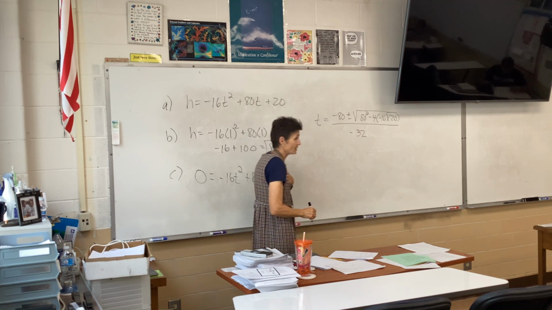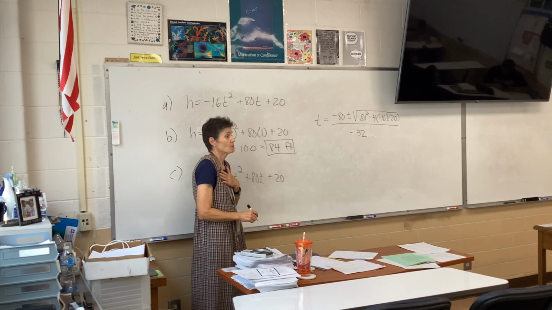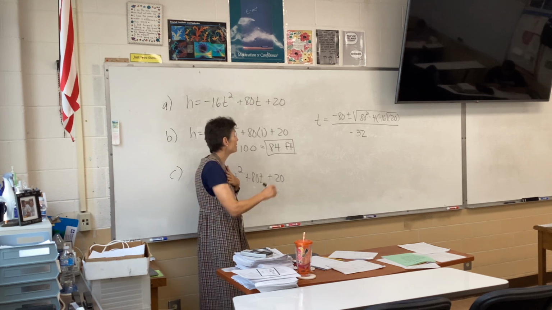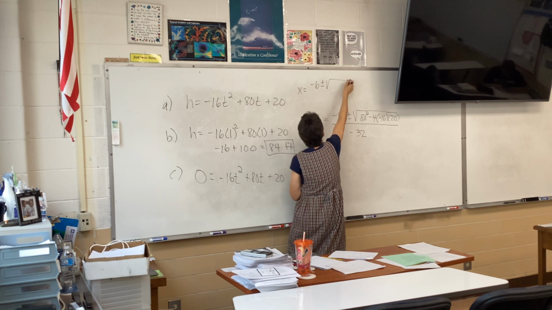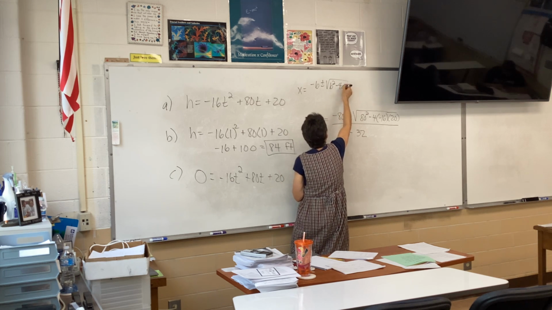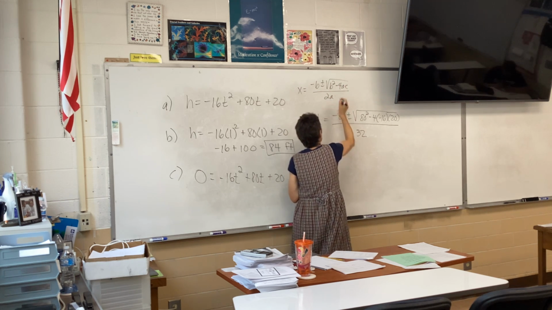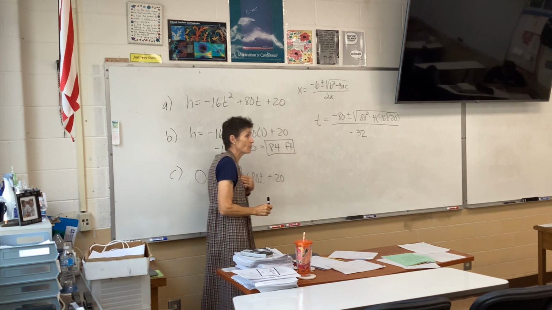I have done the quadratic formula so many times. You haven't done it as many times as me, so you might want to write it down. Before you can write it down, you gotta memorize it, so those of you that still don't have it learned.